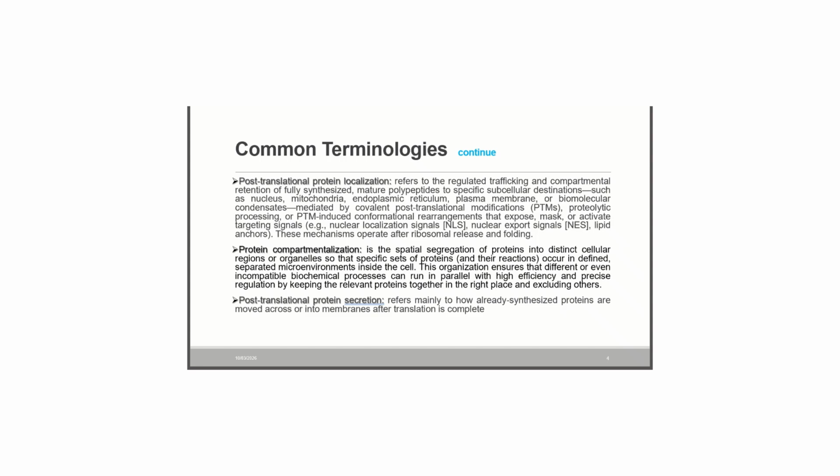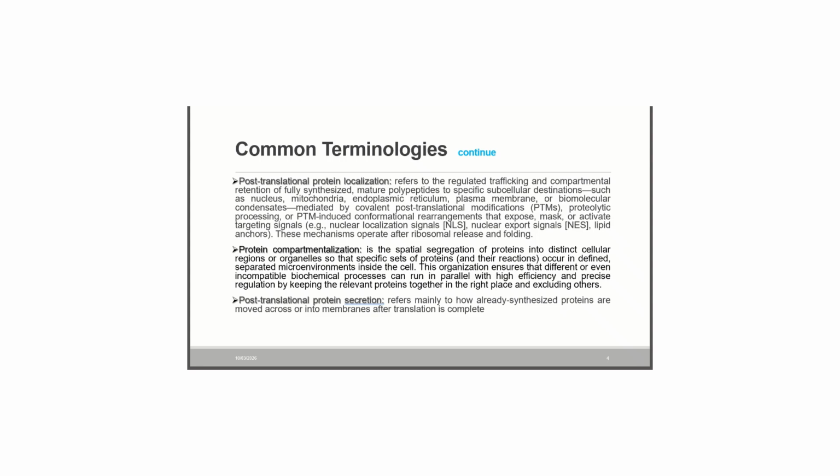This organization ensures that different or even incompatible biochemical processes can run in parallel with high efficiency and precise regulation by keeping the relevant proteins together in the right place and excluding others. So this is what we call segregation of the proteins, which are similar in structure and similar in function, in one place, to increase the efficiency of these proteins in their function within the cell.